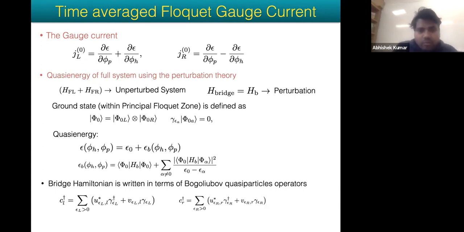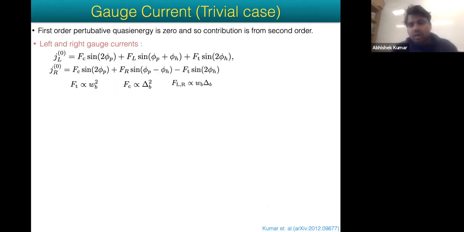Okay, so this perturbative quasi energy depends on whether the unperturbed system is trivial or topological. If the unperturbed system is trivial, then there is zero contribution from the first order.